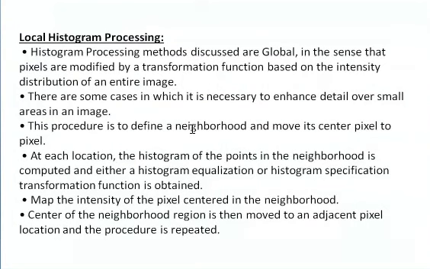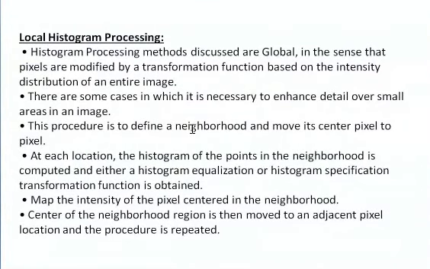Why? Because here I am decomposing my image into several parts, and at each part I am observing the histogram. Based on that histogram, I apply the transformation operation, (L minus 1) times the summation of nj by n. Based on that, I enhance that local part of the particular image.